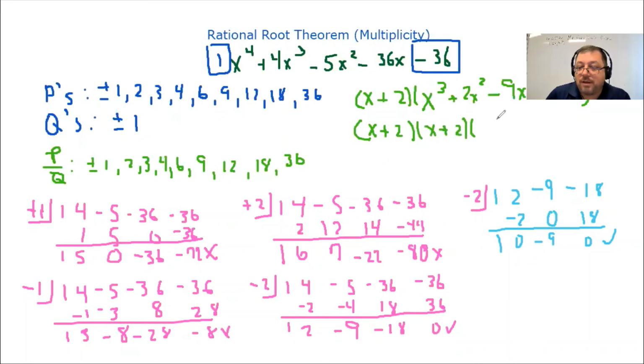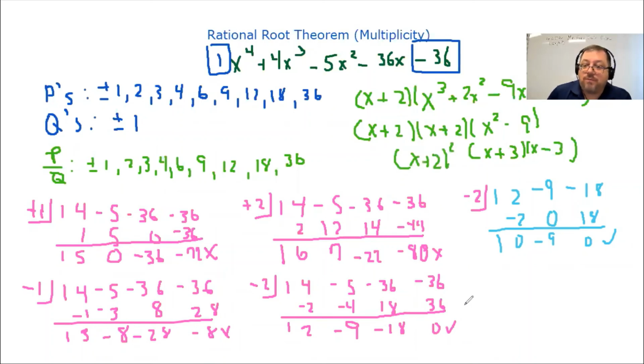And I am left with x squared minus 9, which we know to be x plus 3 and x minus 3. We can write this in a normal format, which is x plus 2 all squared times x plus 3 times x minus 3.